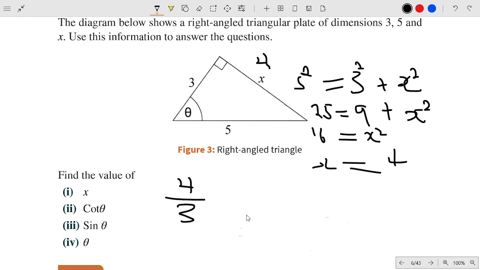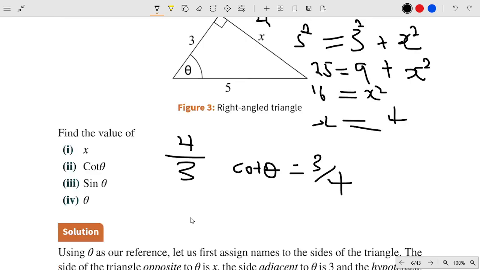Alright. So we have 4 on 3. But the cot here is the reciprocal of the tan. But this is tan theta. So cot theta will be equal to 3 on 4. Simple as that.